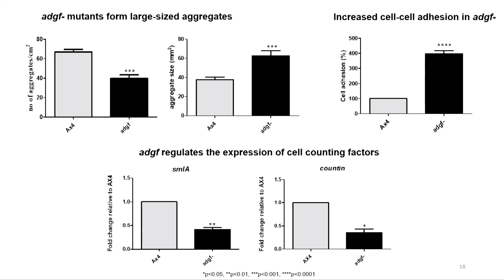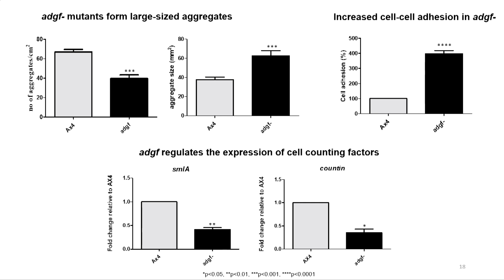The ADG mutants also form large size aggregates. Dictyostelium is also used as a model organism to know how tissue size is regulated. An aggregate, or a mound, or a slug is of a certain size. If genes in this pathway are impaired and the size regulation goes wrong, then the size becomes bigger. So ADG mutants form large size aggregates. When you have large aggregates, obviously the number of aggregates comes down.